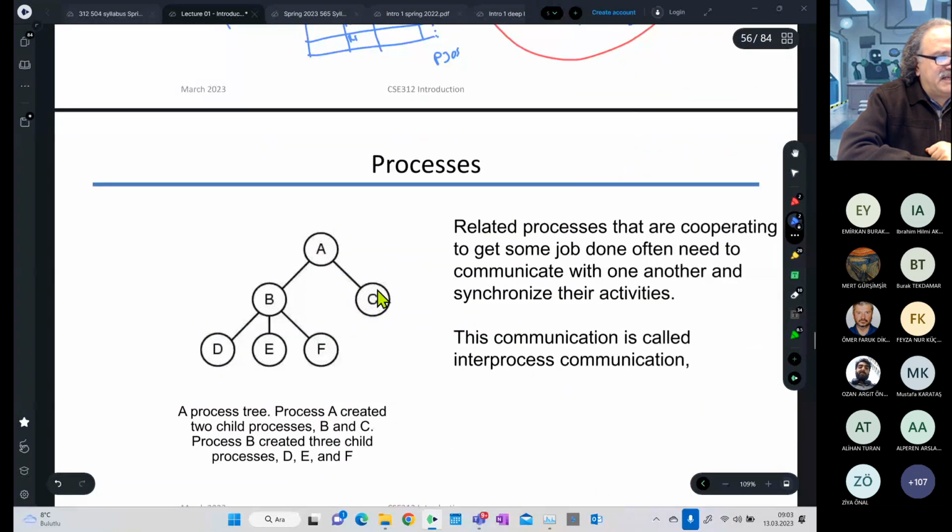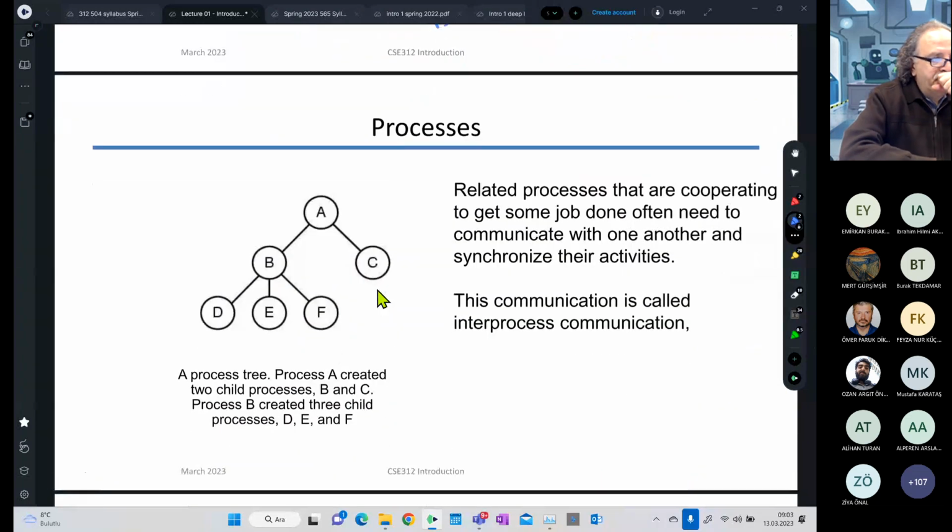So we talked about the processes. Usually the processes are related this way. When the computer starts, there is only one process. We will see what this process is in the later chapters.